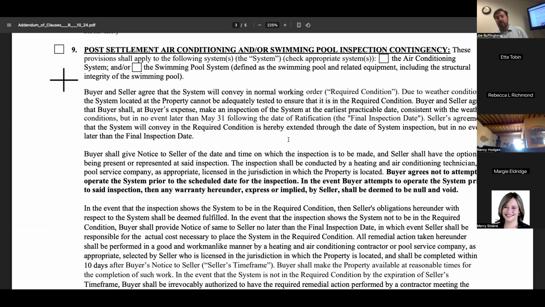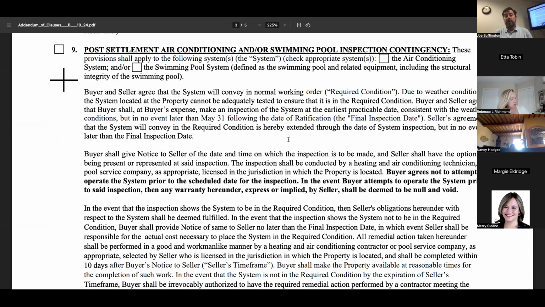This clause says that by May 31 you would have the AC inspected and it's sent to the seller, or the seller has the opportunity to be present at that inspection of the AC unit. If you don't get the inspection done prior to May 31st, this contingency goes away.